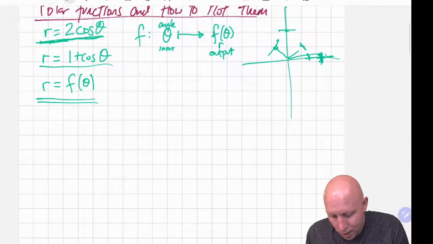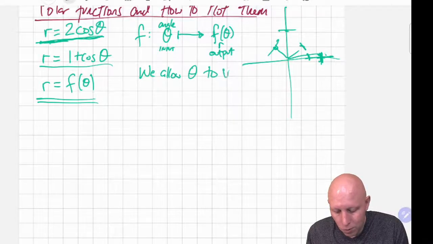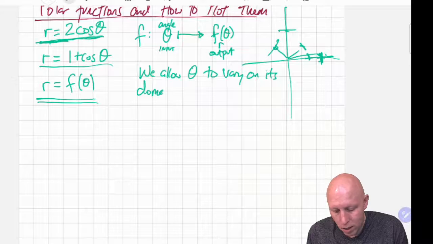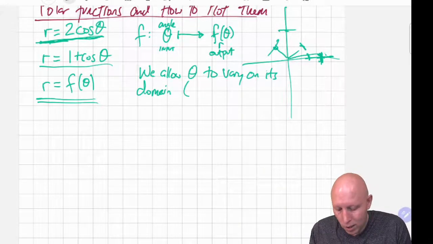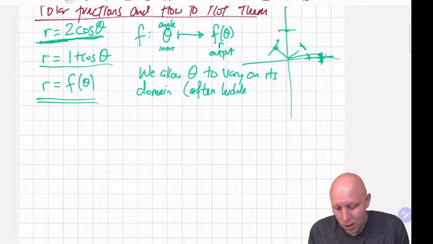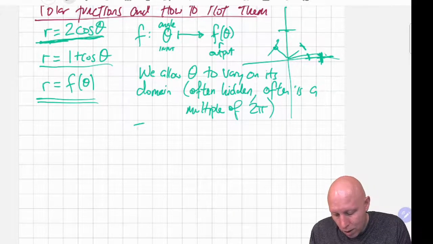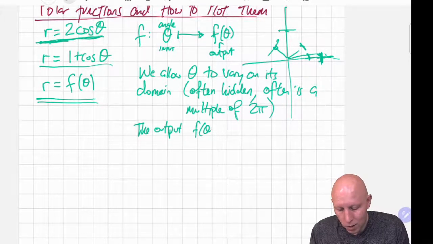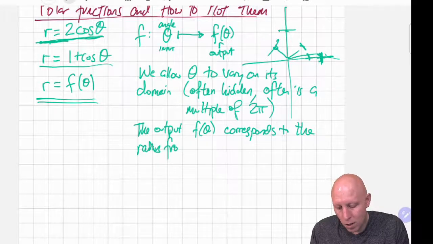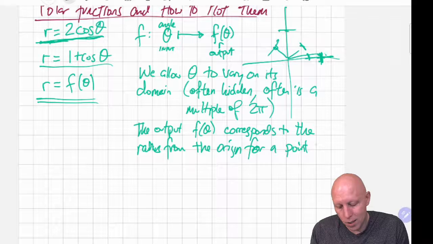So in words, we allow theta to vary on its domain, which is often hidden and often a multiple of 2 pi, and the output, f of theta, corresponds to the radius from the origin for a point with that angle.